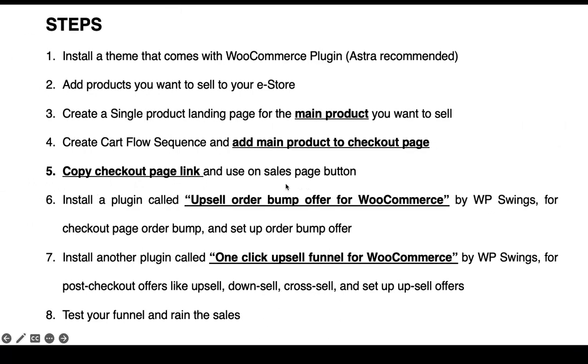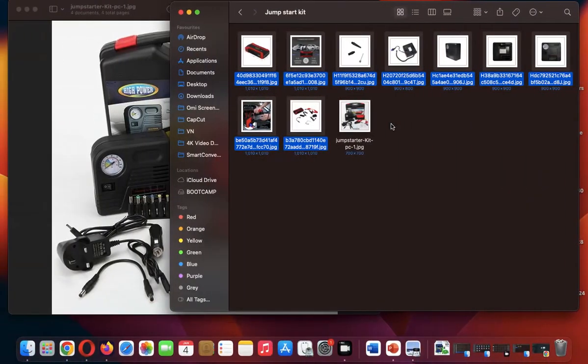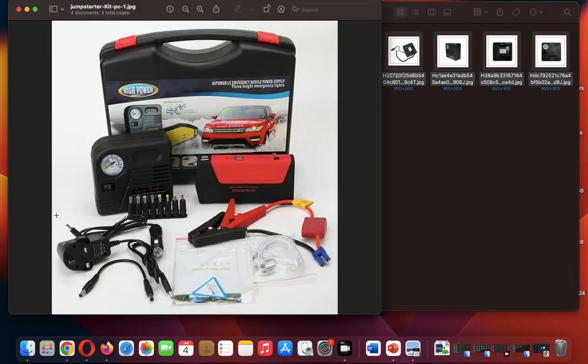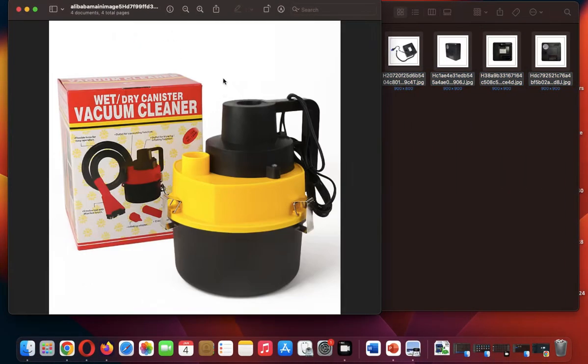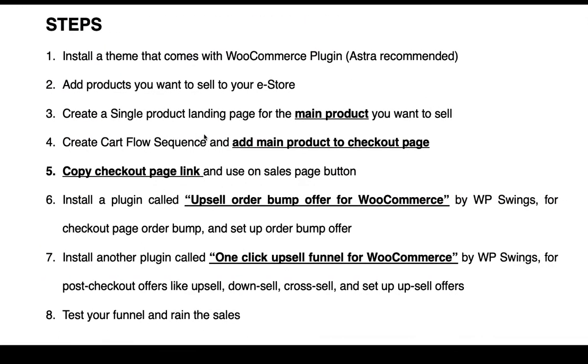The next step here is for us to create a single product landing page for the main product we want to sell. You know, the main product we are trying to sell here is this particular product. So I already have a landing page for the product, and I want to believe you as well can set up a single product landing page.